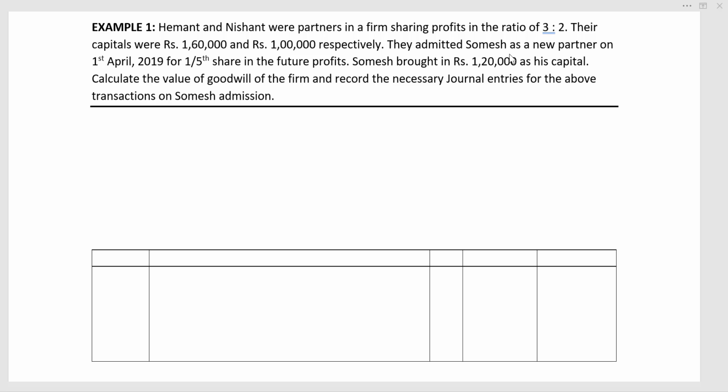They admitted Somesh as a new partner on 1st April 2019 for 1/5 share in the future profits. Somesh brought in rupees 1,20,000 as his capital. Calculate the value of goodwill of the firm and record the necessary journal entries for the above transactions on Somesh's admission.